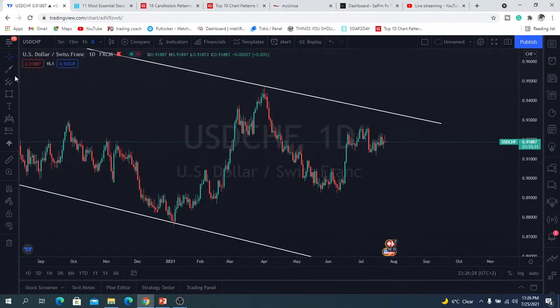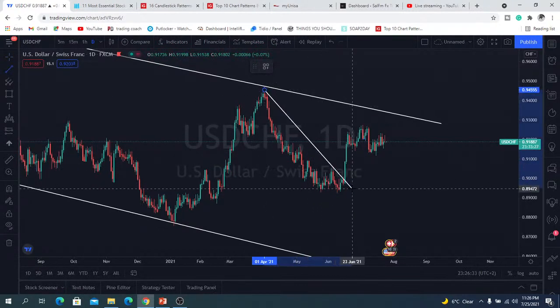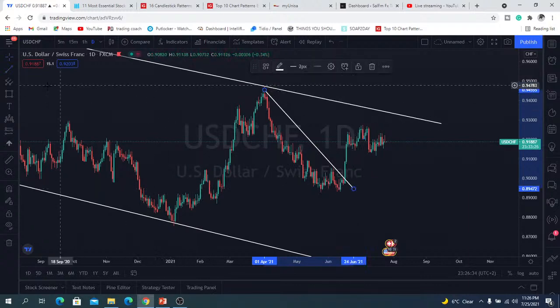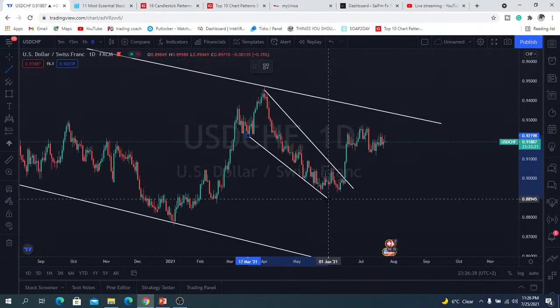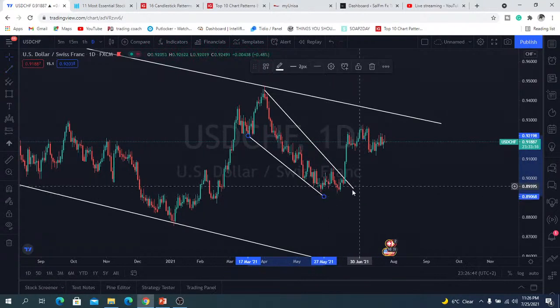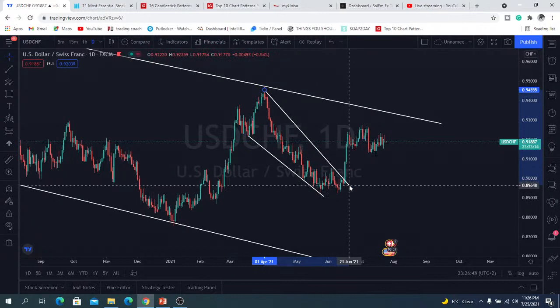So what is the next move? This is on a daily time frame.